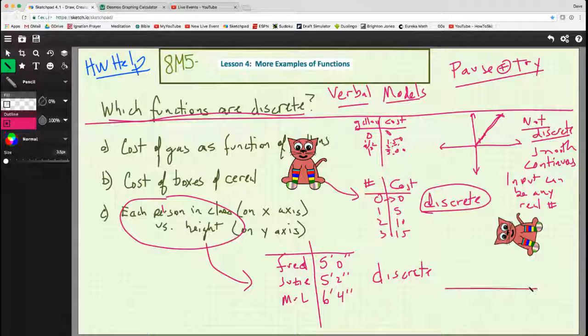If you have individual points on a graph, these are all examples of discrete functions.